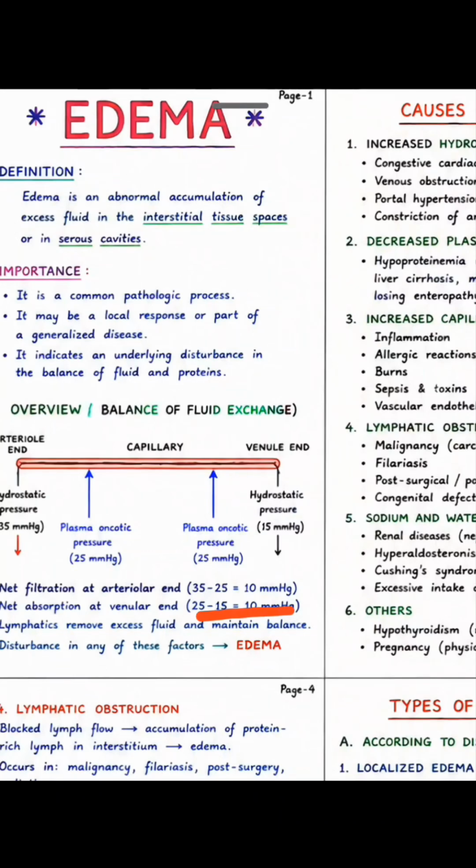So 10 mmHg at the arteriolar end pushes fluid out, and net absorption at the venular end of 10 mmHg pulls fluid back in. The lymphatics remove excess fluid and maintain balance, and if any of these factors are disturbed, it will cause edema.